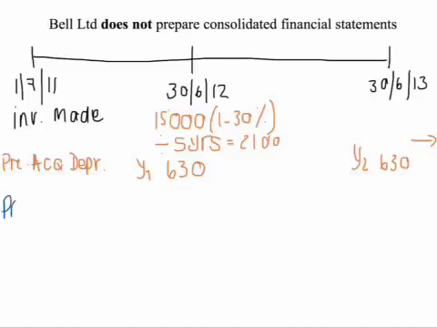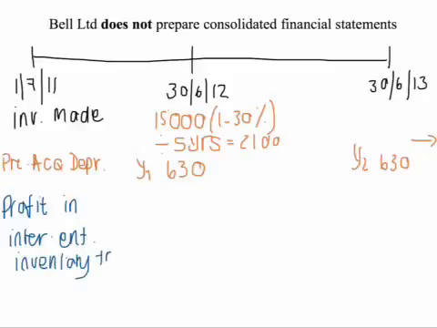So therefore the profit that's sitting in the inter-entity inventory transaction after tax was $30,000 for the current year, so after tax it's $21,000, and the previous year it was a $10,000 profit, so after tax it's $7,000.